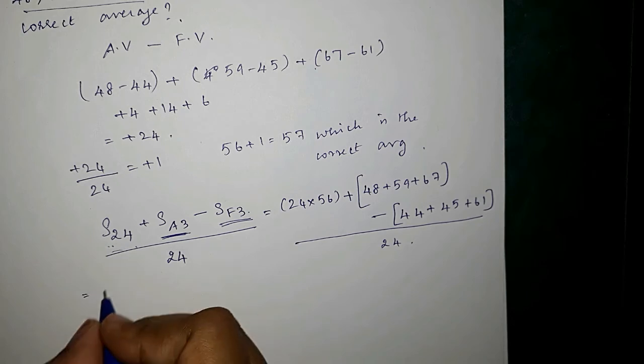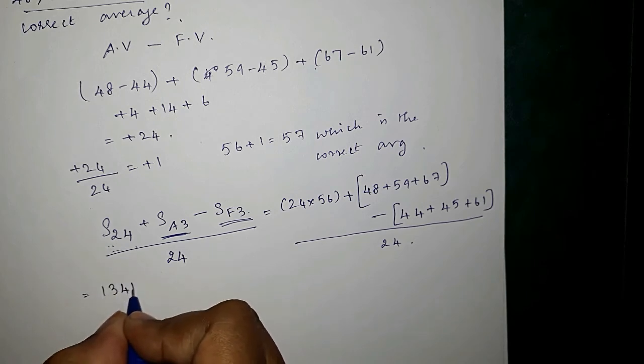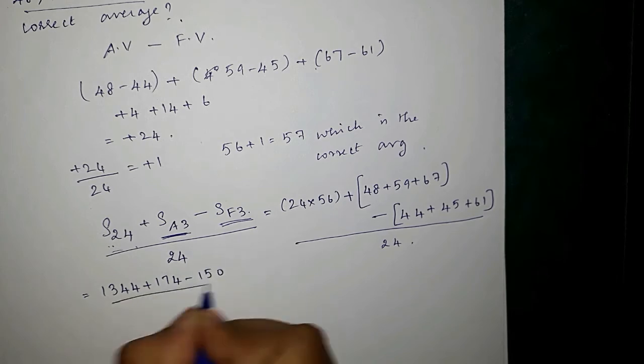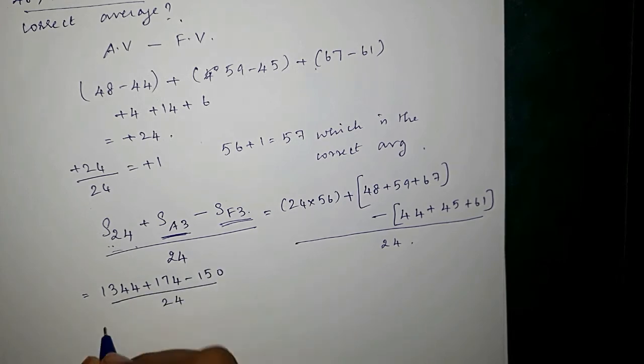On multiplying we get 1344 plus 174 minus 150, divided by 24, which is 1368 divided by 24, equal to 57. So this is the correct average.